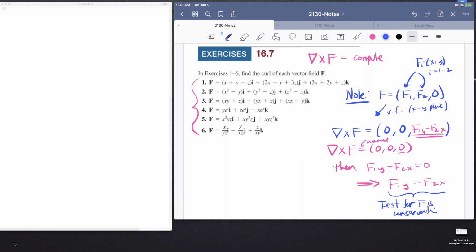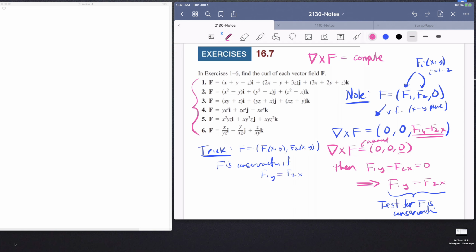Okay, so what we have here is a clue about how we could test vector fields that aren't two-dimensional. Here we did a trick. We took a vector field f, a two-dimensional vector field. f1 is a function of x, y, f2 is a function of x, y, and we know that f is conservative if f1y is equal to f2x.